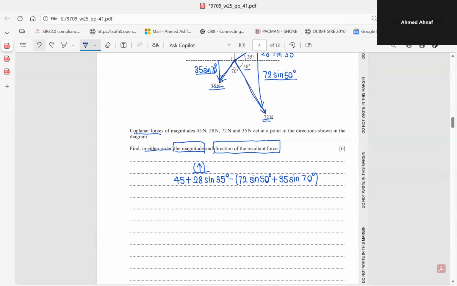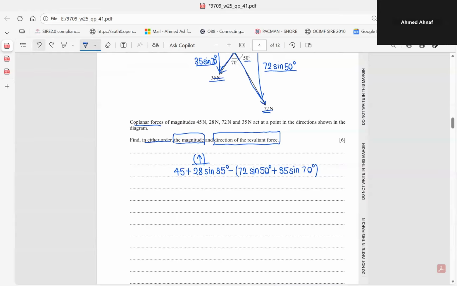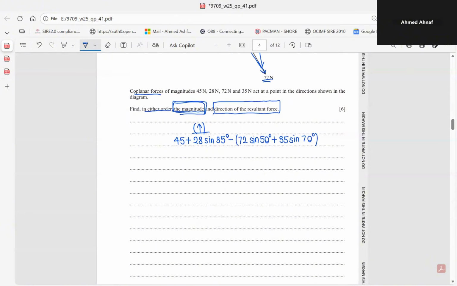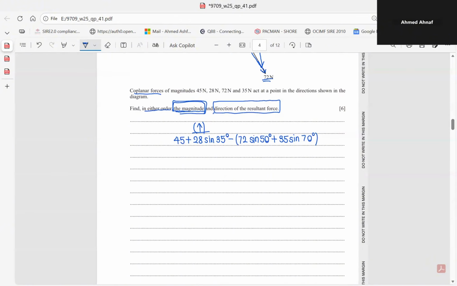We can't really simplify it and we don't get a nice answer. We're just going to keep it as it is for the magnitude later on. You can leave it to 5 SF if you want. Yeah, I guess I'll do that. So minus 26.984.